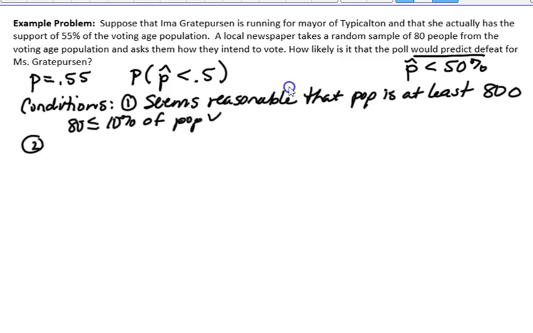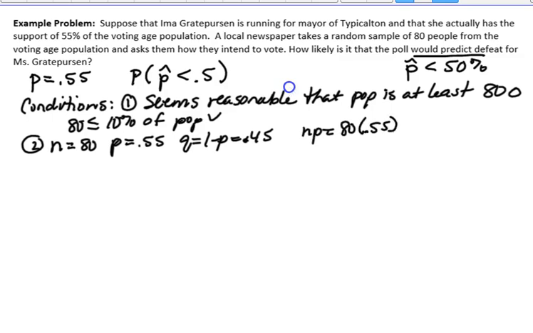Number two, are np and nq both greater than 10? Well, n is equal to 80, p is equal to 0.55, and q is 1 minus p, which is 0.45. So np is equal to 80 times 0.55, and nq is equal to 80 times 0.45, both of which are clearly greater than 10.